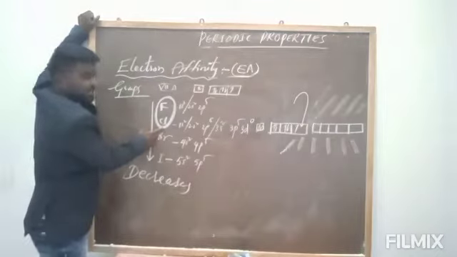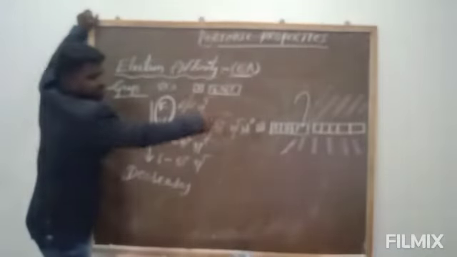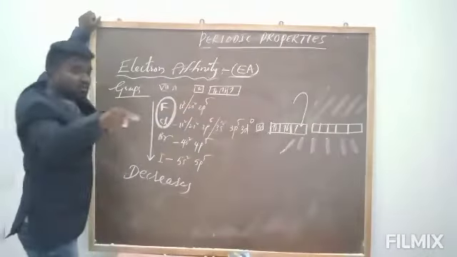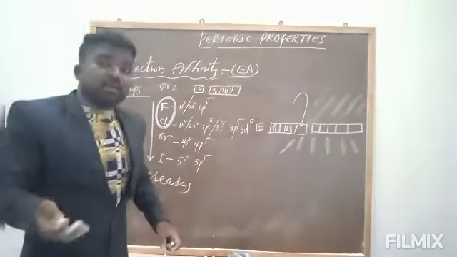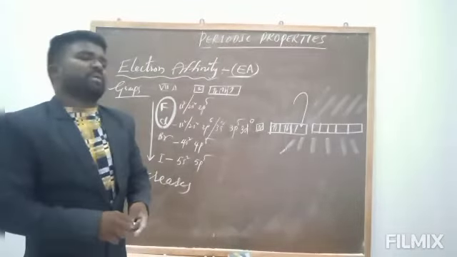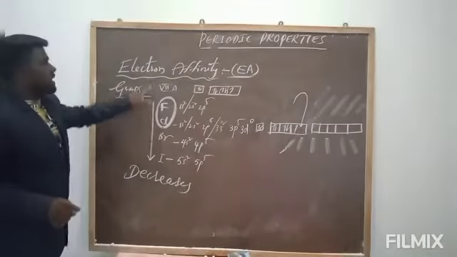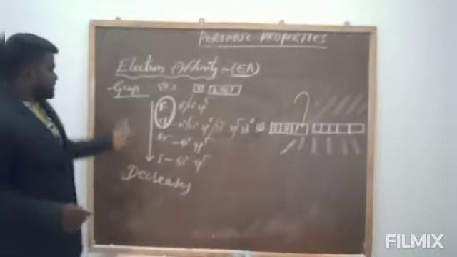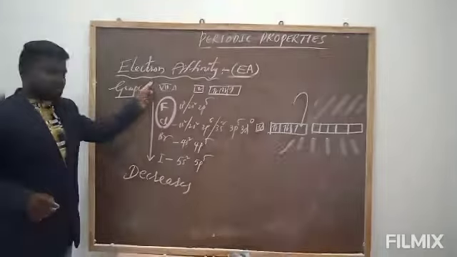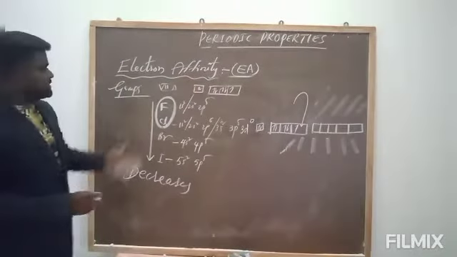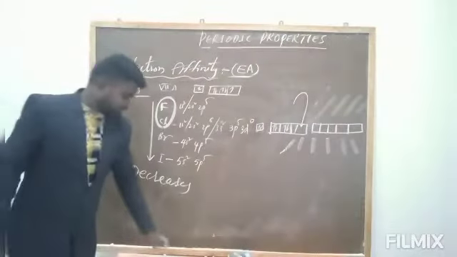After that, chlorine is there. Chlorine has more space and is the second highest electronegative element. That's why chlorine is the highest electron affinity element. So top to bottom electron affinity decreases. This is about electron affinity.